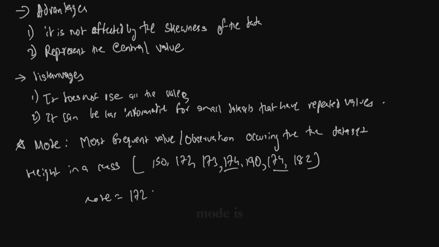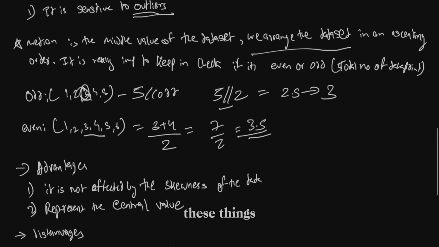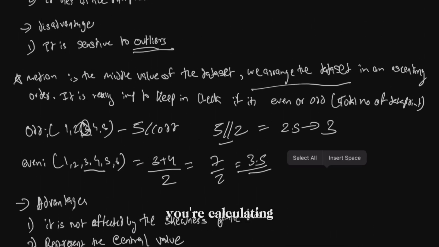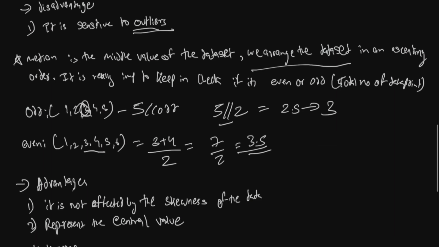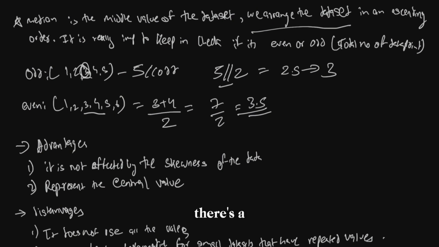So all these things you will need to know when you're pre-processing the data. When you're pre-processing the data, there's a segment called null values, or values that don't make sense in the data set.